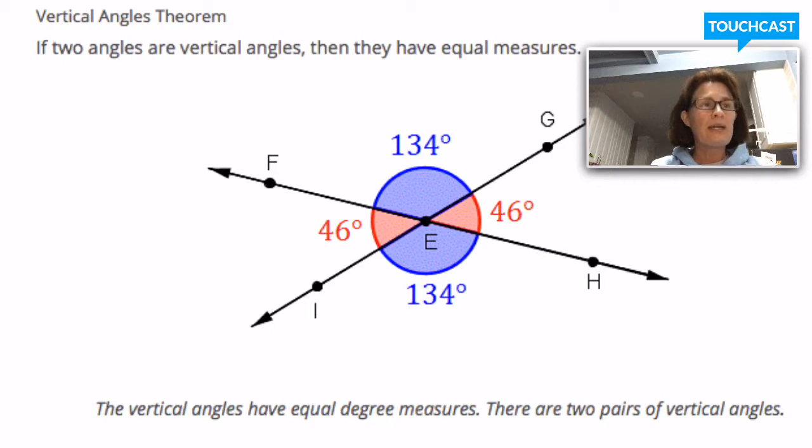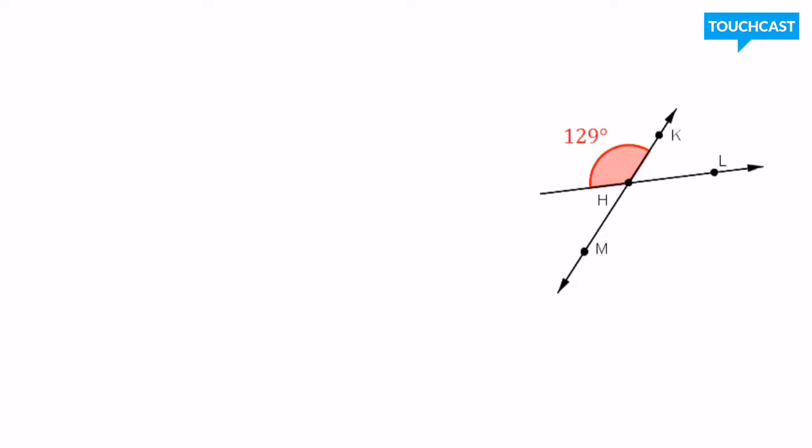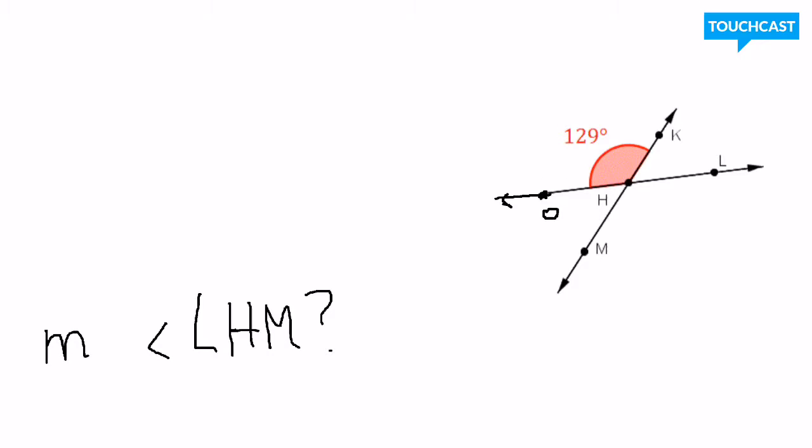So you might see this. It says if two angles are vertical angles, then they have equal measures. And then once you were convinced that that's true, either by proving it yourself or because you read it in a book and that was convincing enough to you, then the next day when somebody asks you, what is the measure of angle LHM, you don't feel like you have to go through the process of proving the vertical angles theorem.